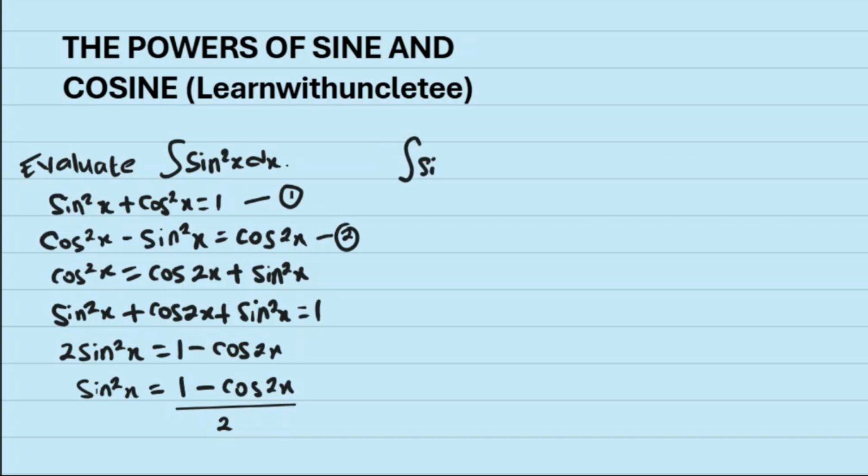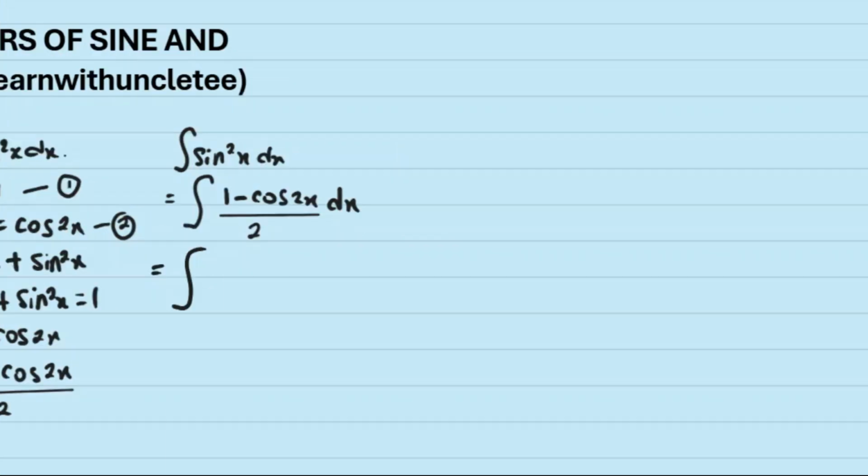integral sine square x dx is now the same thing as integral 1 minus cos 2x divided by 2. So here we have 1 minus cos 2x divided by 2. So if we use the 2 to divide 1 and cos 2x, this is going to give us 1 divided by 2 minus cos 2x divided by 2.